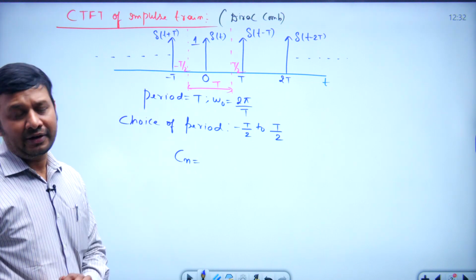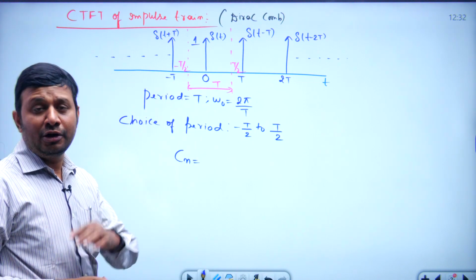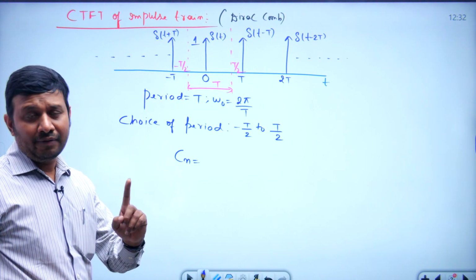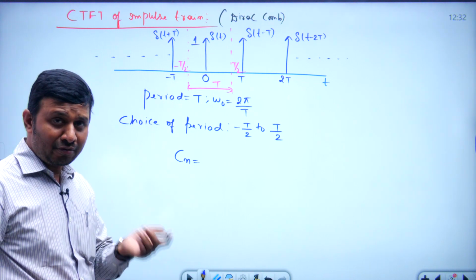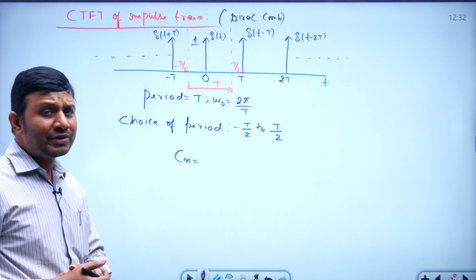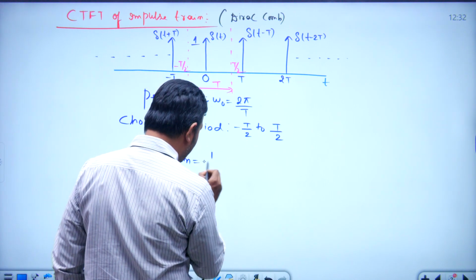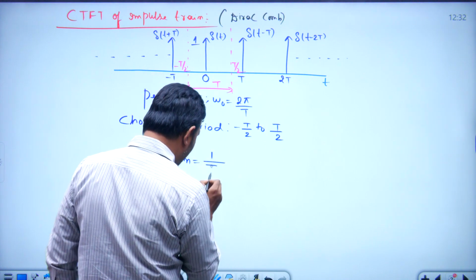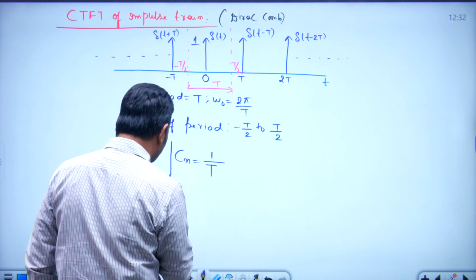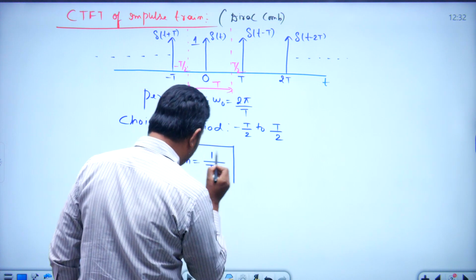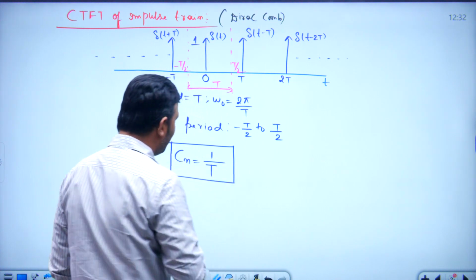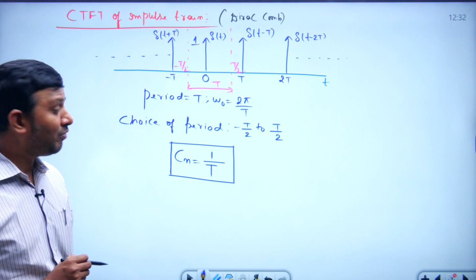Impulse signal is present. For that, calculate the Fourier transform. Fourier transform of impulse signal is 1. In that, replace omega with n omega naught. Is there an omega to replace with n omega naught? No. So 1 remains as it is, and divide by the period. The period is T here. So the exponential Fourier series coefficient in the case of impulse train is a constant value, 1 by T.